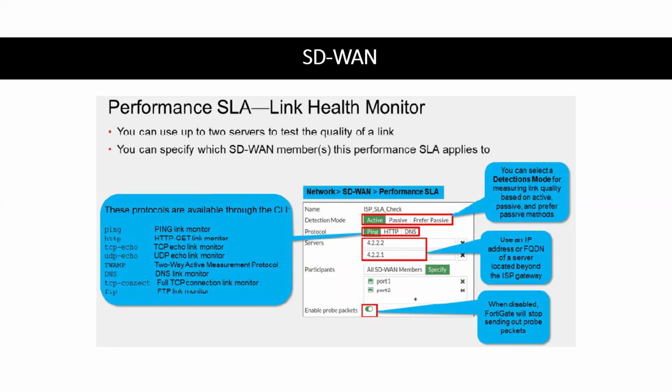But whenever you configure a link health monitor, a FIB route entry is added in the kernel, so behind the CLI, to reach the servers defined on the performance SLA page over each participant interface. You won't have to know this in depth for the exam. This is just good for knowledge.